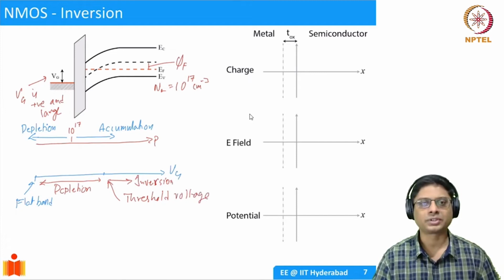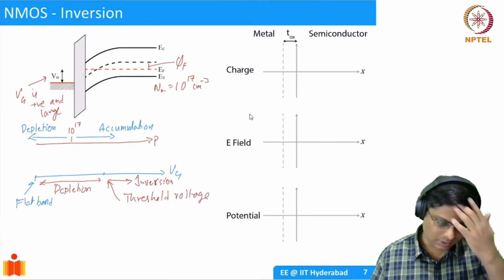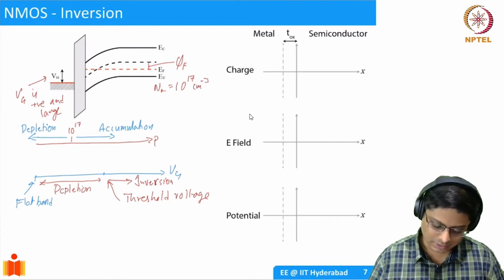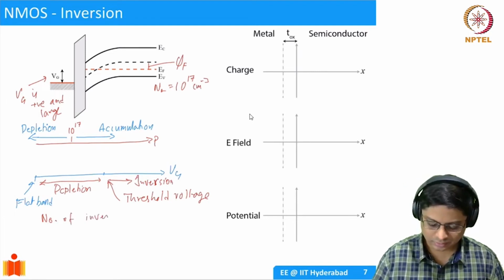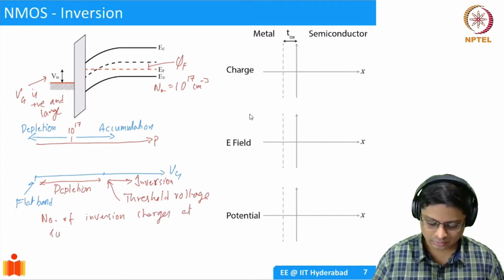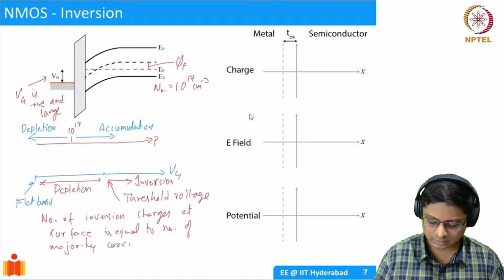What is this threshold voltage? To analyze that, first we will look at the surface potential. The way we define threshold, in the case of an NMOS device, is that the number of inversion charges at the surface is equal to the number of majority carriers in the bulk.